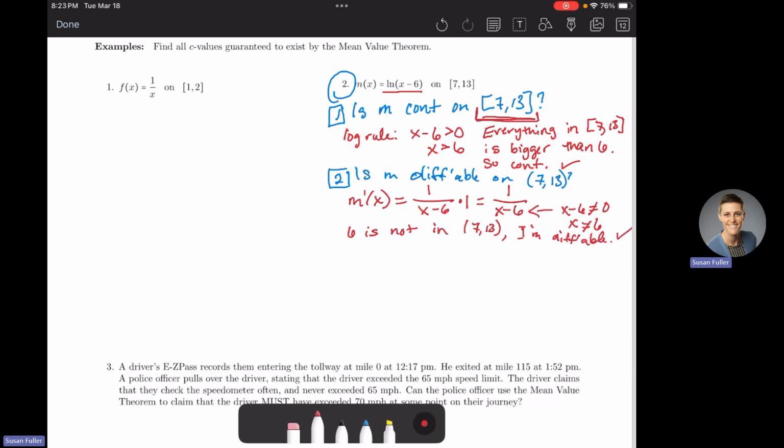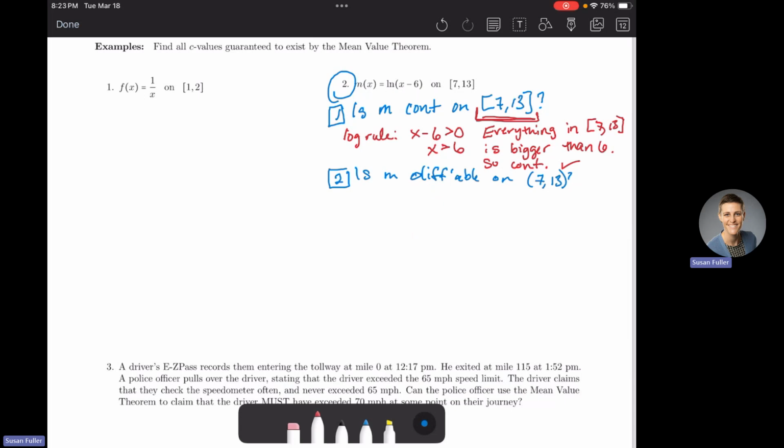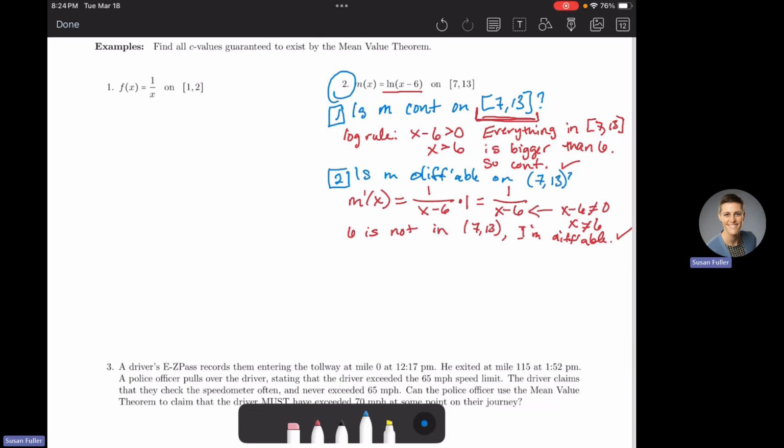Check. So we're differentiable as long as x isn't 6, and nowhere in our interval is x 6, so we are good. So now we've checked our two boxes, so we know that the mean value theorem applies.